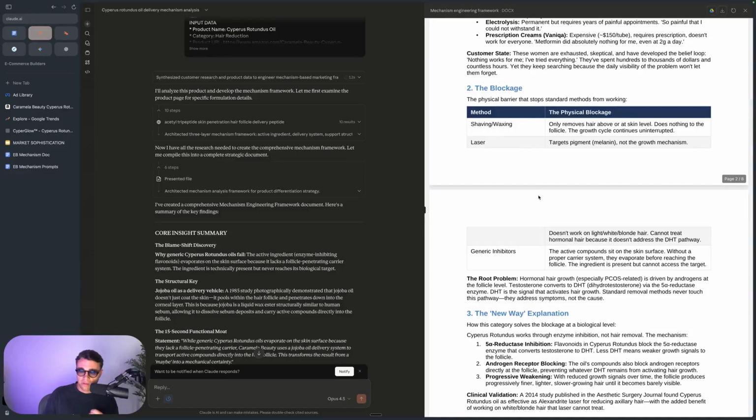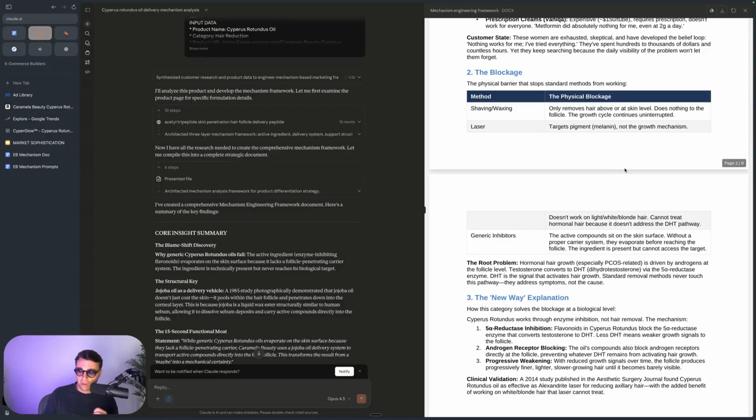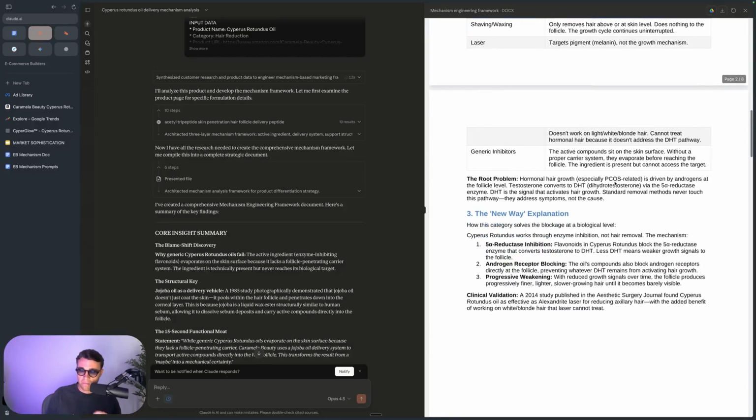The blockage, the physical barrier that stops standard methods from working: shaving and waxing only remove hair above or at skin level and do nothing to the follicle, so the growth cycle continues uninterrupted. Laser targets pigment, melanin, not the growth mechanism.